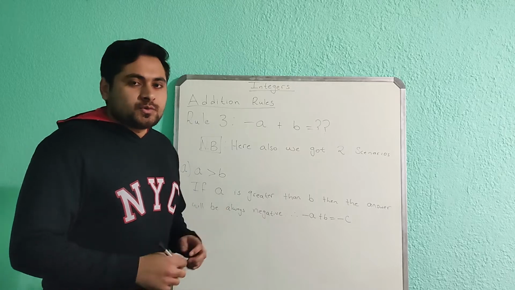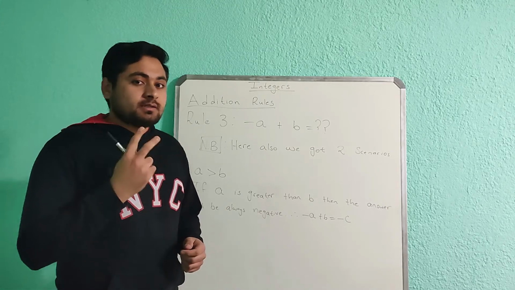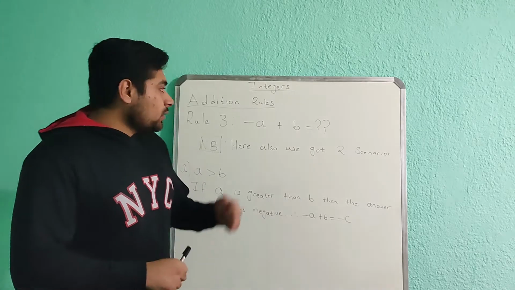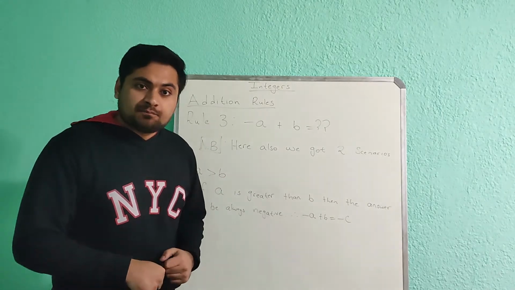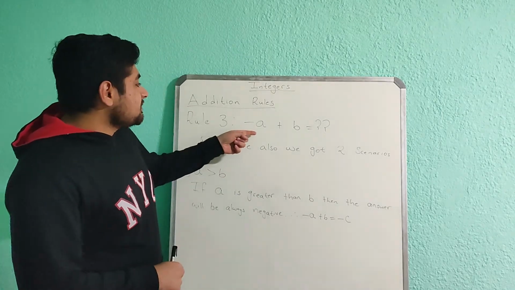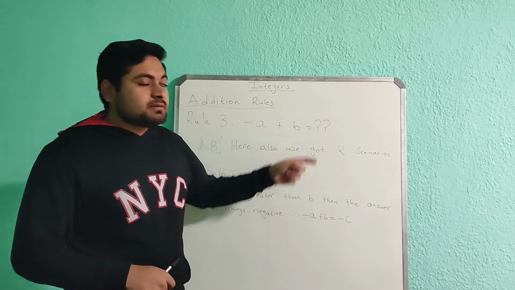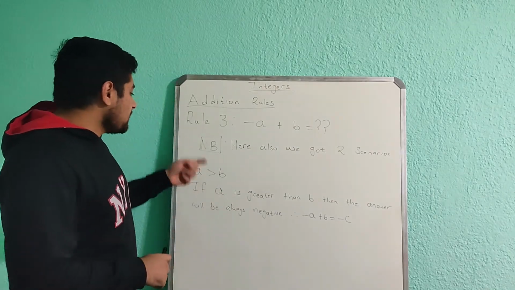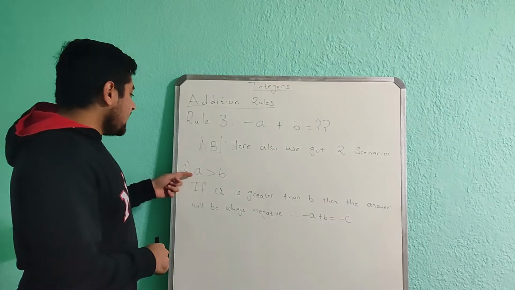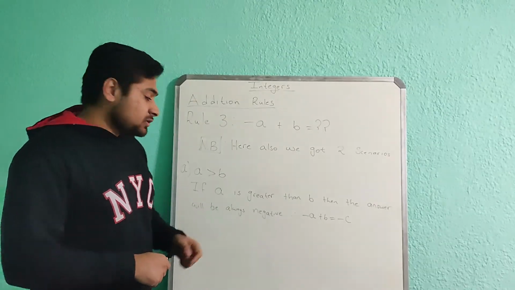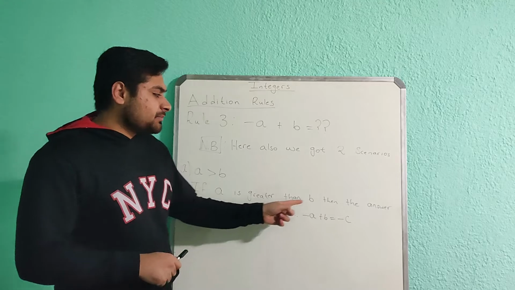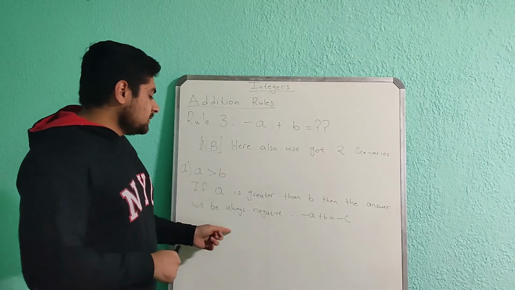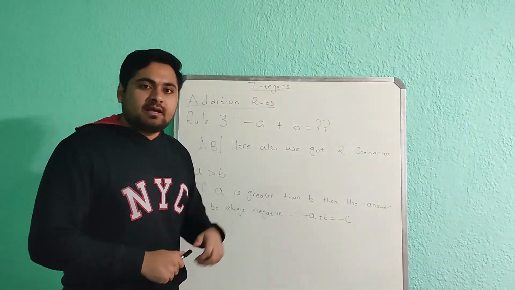Just like rule 2, rule 3 also has two scenarios. So what does rule 3 say? Rule 3 says minus A plus B is equal to question mark, right? The first scenario is A greater than B. So if A is greater than B, then the answer will always be negative.